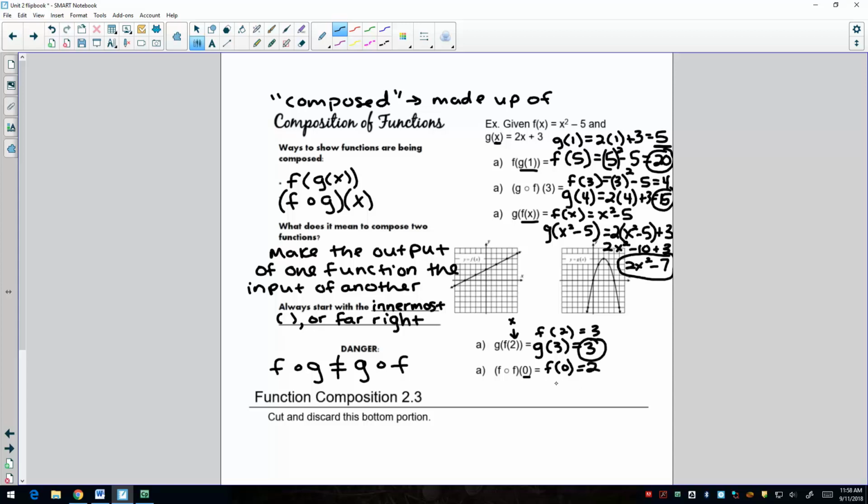So here's why you're not going to get the same answer, even though it's both f, because now my input became 2. So now I'm going to plug 2 into the second function, which is f again, and f of 2 turns out to be 3. So my final answer is 3 again for the second example with the graphs.